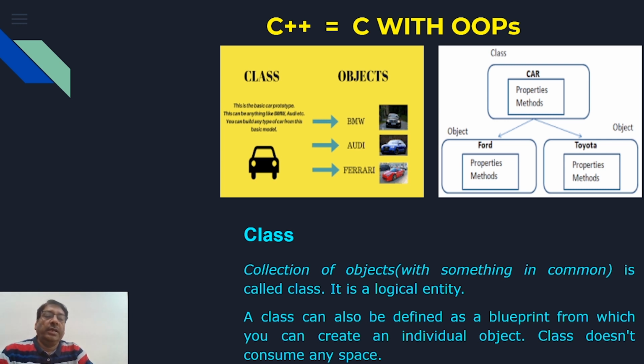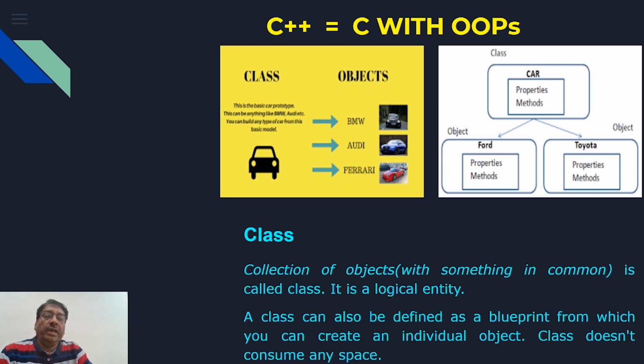For example, if I have an object called table, an object called keyboard and a mouse, and I put them in one group, then you cannot call it a class. We can call it a class only when you have a group of objects and all these objects have something in common. You need to have some properties or functionality in common, then only you call it a class.